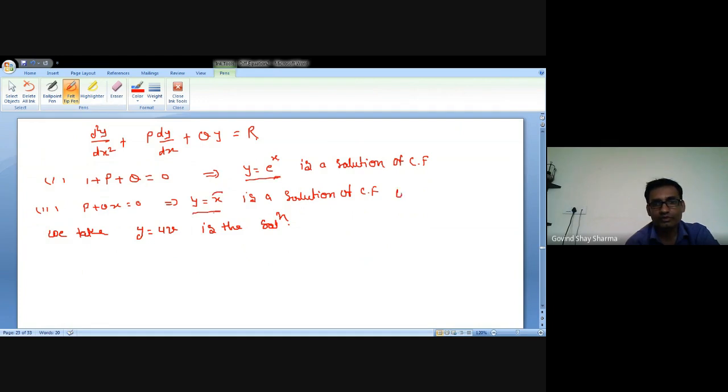We take u is equal to x, put the value, and put dy upon dx and d2y dx2 in this equation. So this equation is converting to a first degree linear equation. But now we need reduction to normal form.